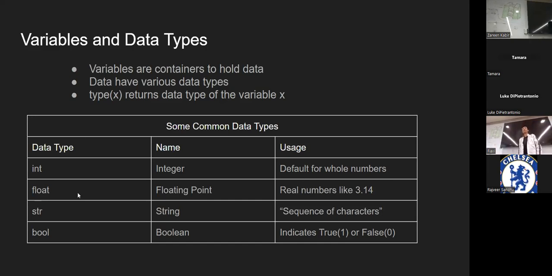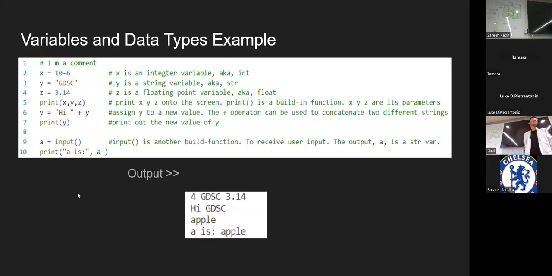Moving on, we have more examples of the data types. At line 2, we declare a variable x equal to 10 minus 6, which is 4, and y is BDSC, a string variable, and z is 3.14, a real type variable. Then I'm printing them out.